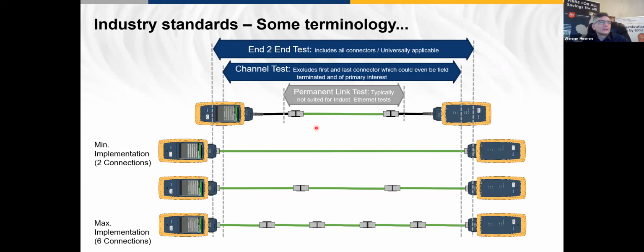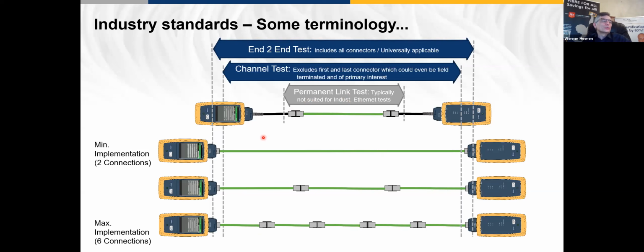So as a little refresher, permanent link is what is used in enterprise environment, what stays in place because you don't know yet which patch cords will be used, etc. So that's a typical Cat6, Cat6a installation testing. That's a permanent link test.